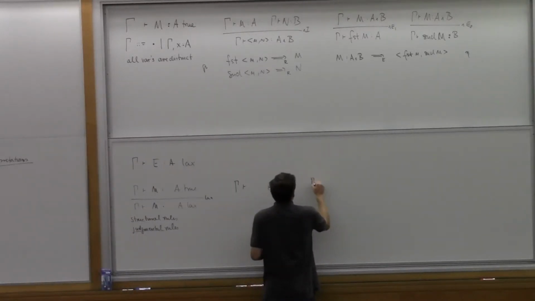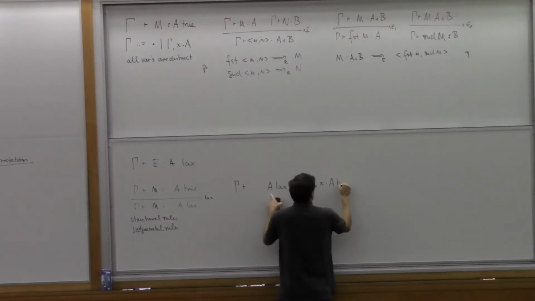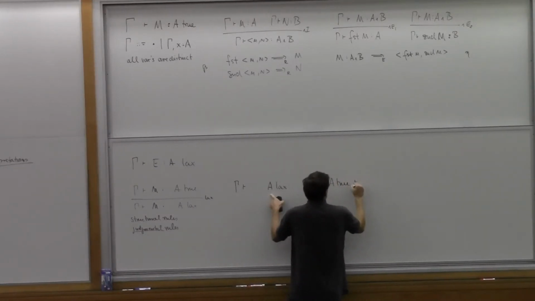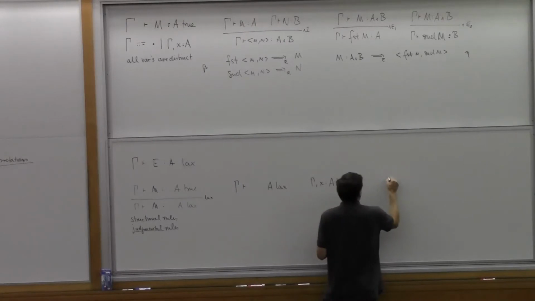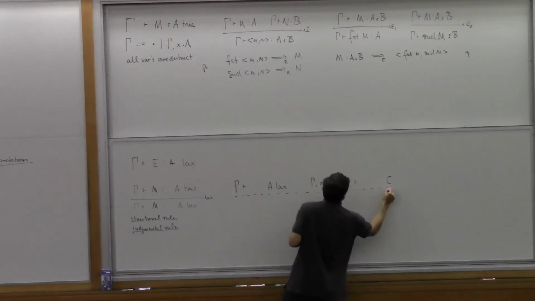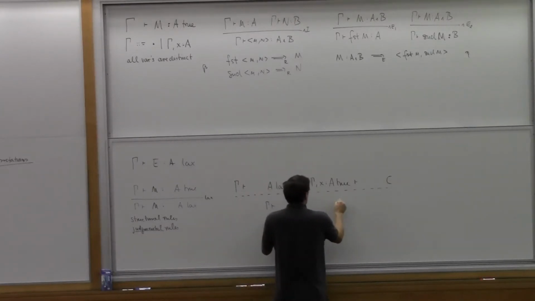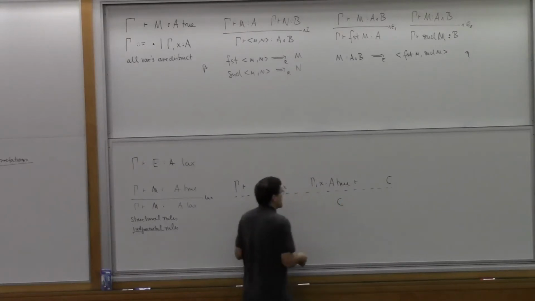I'm going to say, if I assume that A is true, then I might conclude C. Let's leave it as C for the moment. And this is one of these things that looks like the substitution principle. So I'm going to use these dashed lines. Then I'm allowed to conclude C.